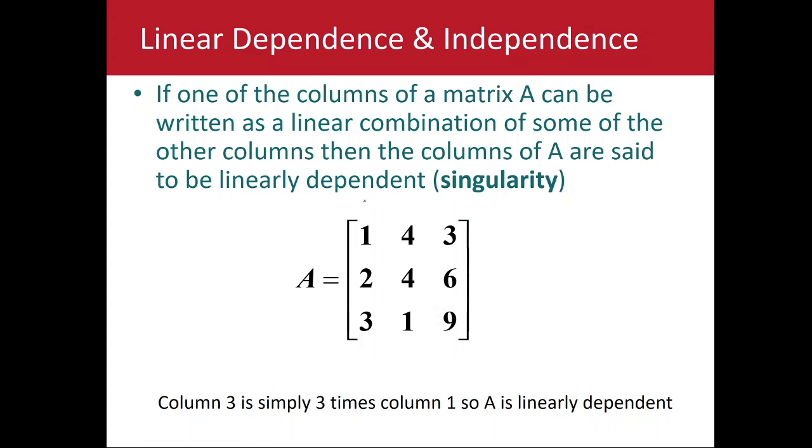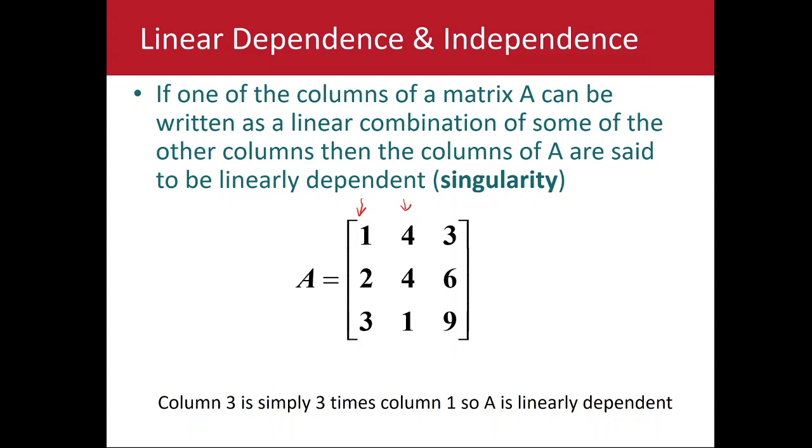The first column on this matrix A is the numbers 1, 2, 3. The second column is 4, 4, and 1. It seems that column number 2 is not related at all to column number 1. But when you look at column number 3, it is actually a multiple of column number 1. That is, column number 3 is calculated by multiplying column number 1 times 3.